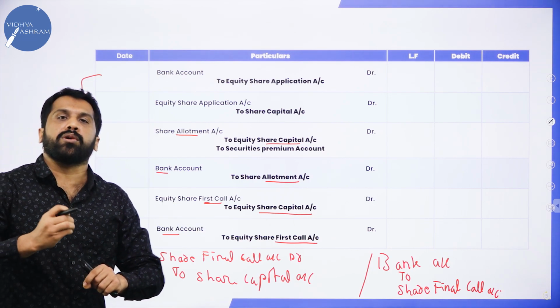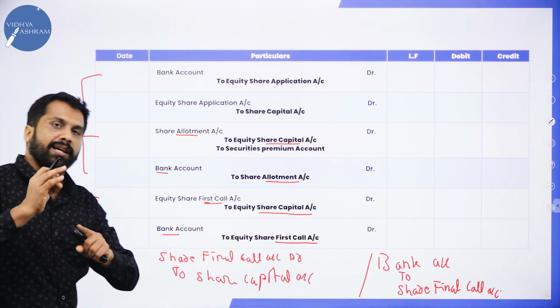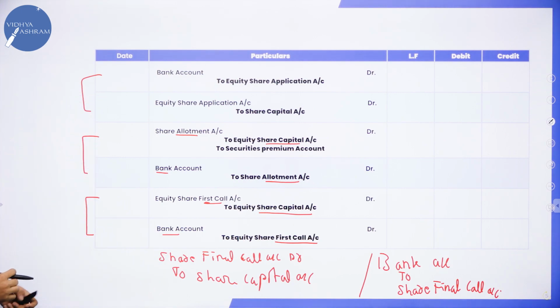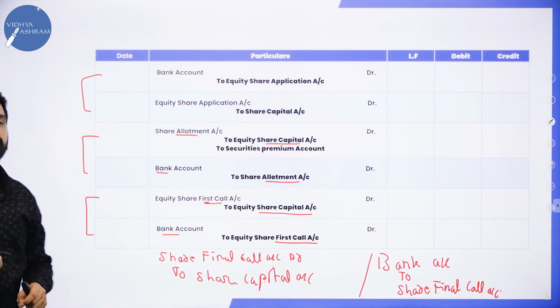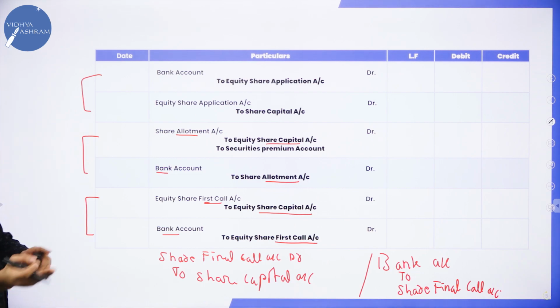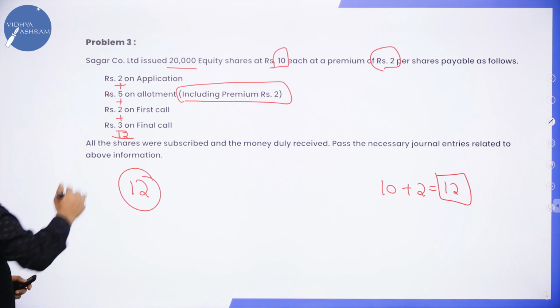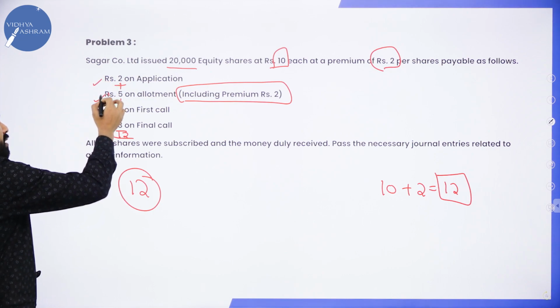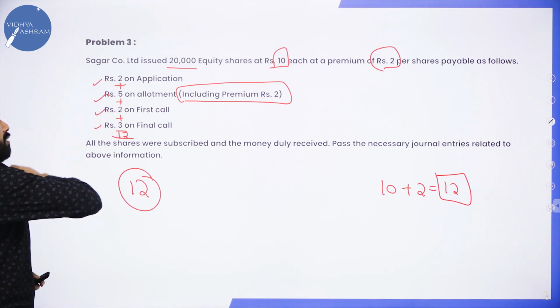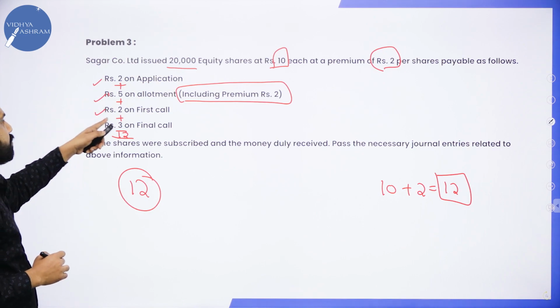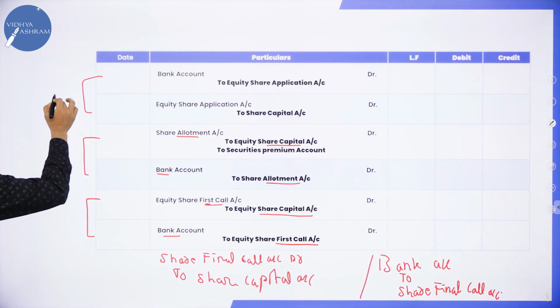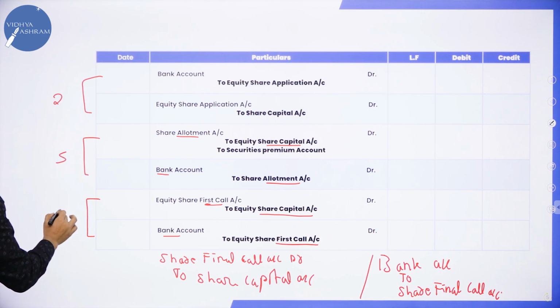We have to solve this. How to solve this? Before solving, we have to get to know what the numbers are. So we'll go back to the question. Remember, application 2, allotment 5, first call 2, final call 3.